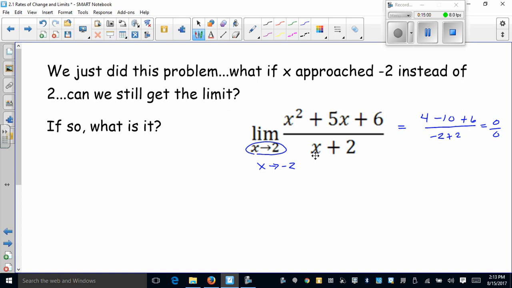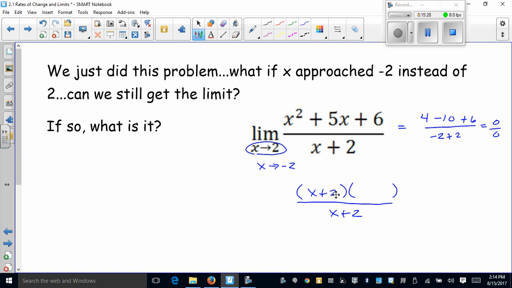So I know that x plus 2 is a factor because getting 0 over 0 states that negative 2 is a solution for the numerator. So now what do I have to multiply 2 by to get to 6? 3. So the other one's going to be x plus 3.